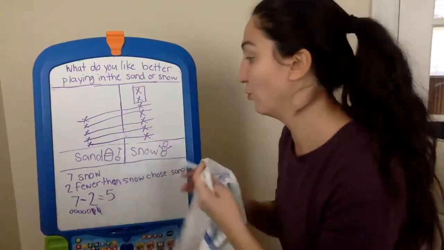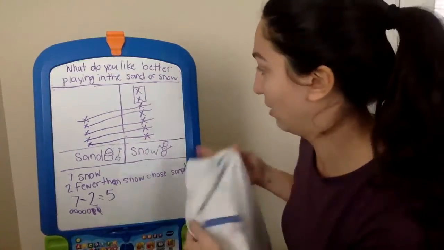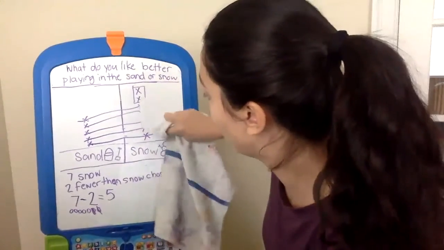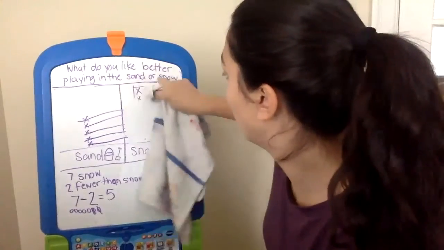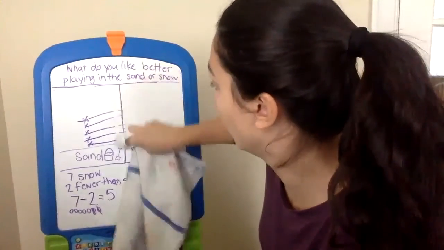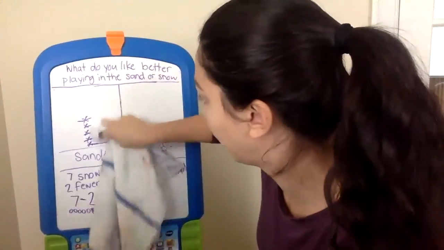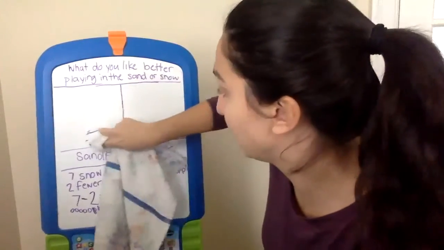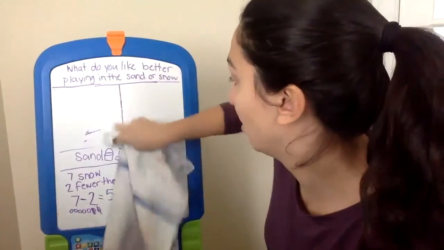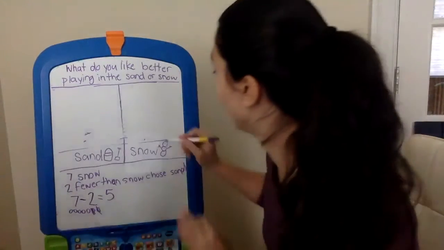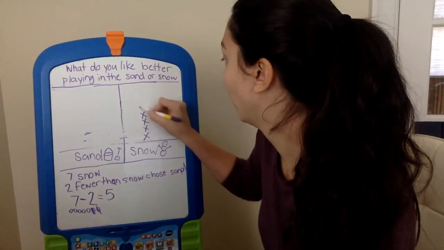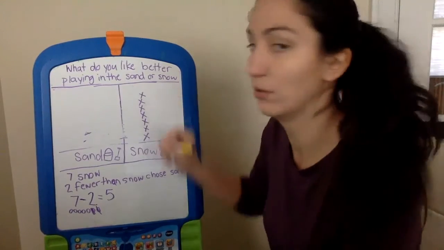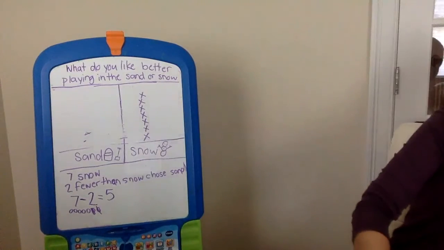Okay, and I'm going to show you one more way that you can do this to show your work. So I'm just going to erase this. I'm going to put my 7 X's over here again because we know that 7 people chose snow.